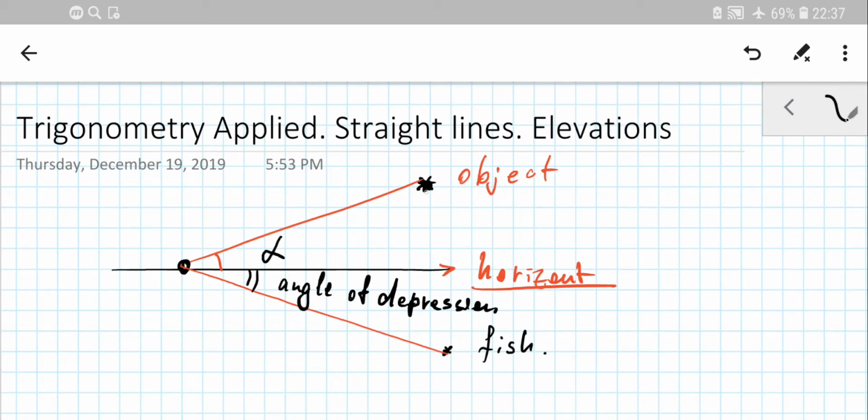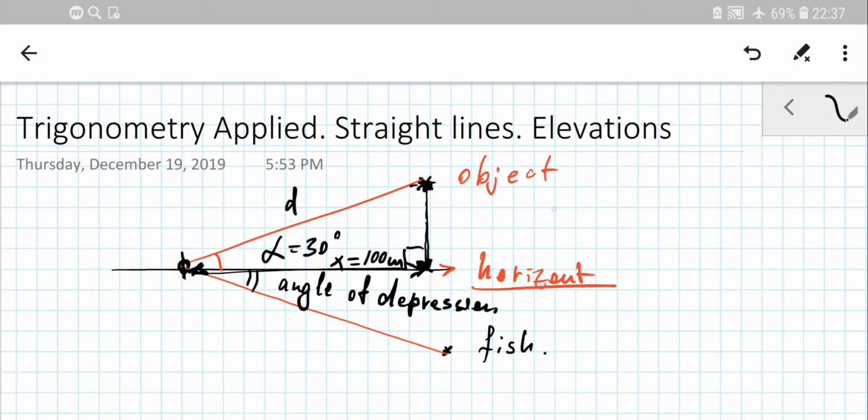Okay, anyway, where's the connection with trigonometry? The connection is pretty easy. If I put the perpendicular from the object down, you can arrange a triangle. This triangle is a right angle triangle. So for example, you want to figure out the distance. If you know that your angle of elevation is 30 degrees, and you know that the distance downside is, let's say, x equals 100 meters, let's figure out the distance to the object.